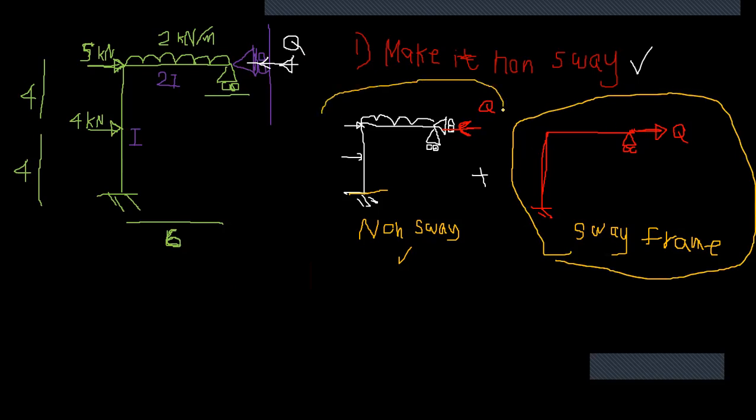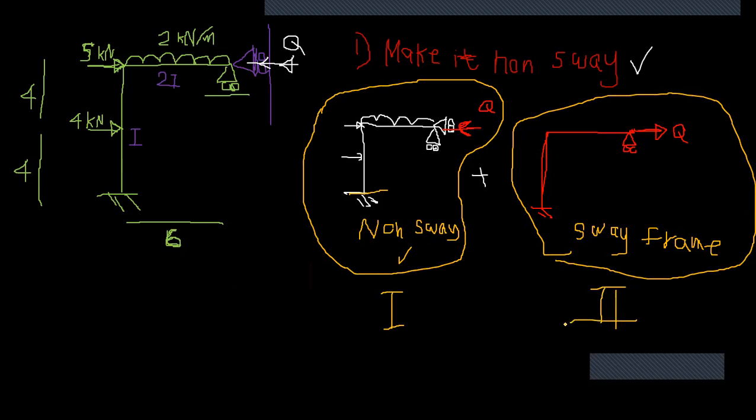Here all the loading is here, and we can analyze it under static conditions because it is non-sway. So we will analyze this first condition, the non-sway frame, and then the second condition.